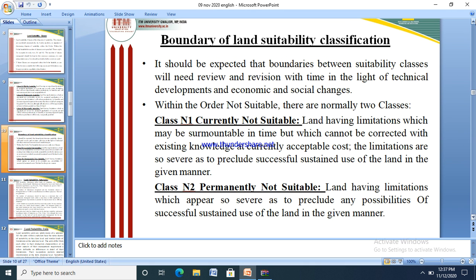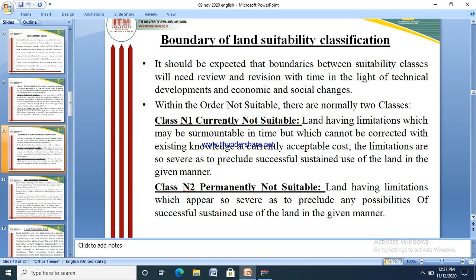Boundaries of land suitability classification. Class N1, currently not suitable: land having limitations which may be surmounted in time but which cannot be corrected with existing knowledge at currently acceptable cost. The limitations are so severe as to preclude successful sustained use of the land in the given manner.